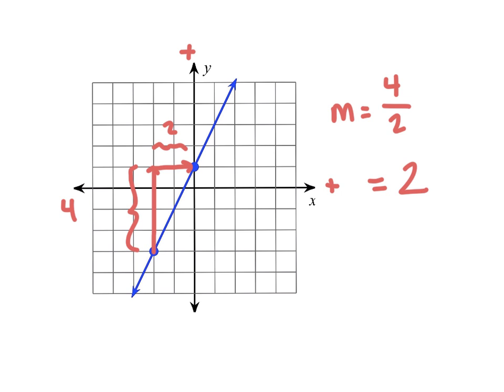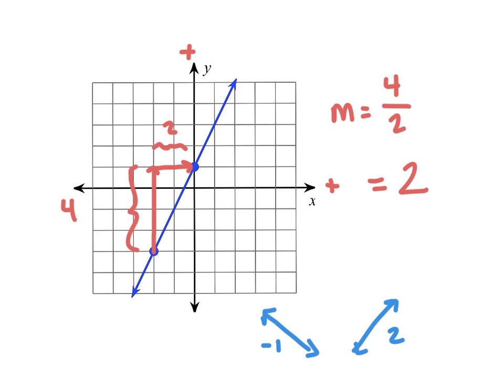Now, one thing I want you to notice, the line that we calculated the slope for on the previous slide was slanting downward from left to right. It looked more like this. This line that we're working with now is slanting upward. The slope of this downward line on the last slide was -1, and the slope of our line here is +2, and it turns out that's always the case.